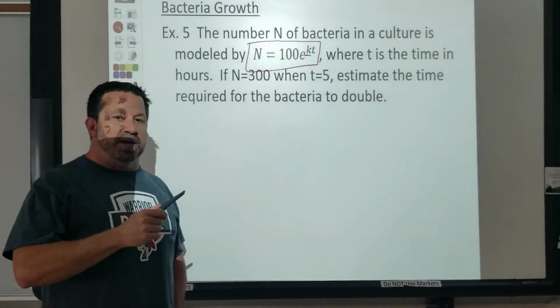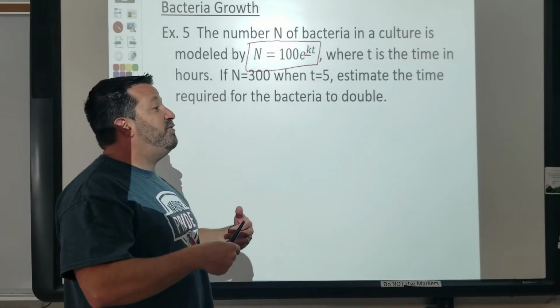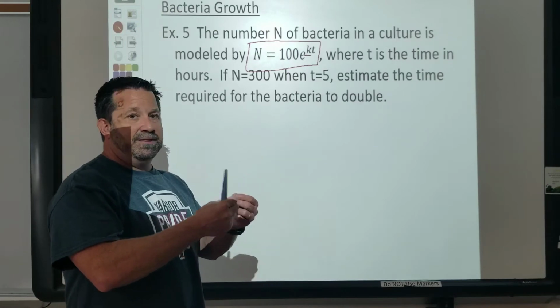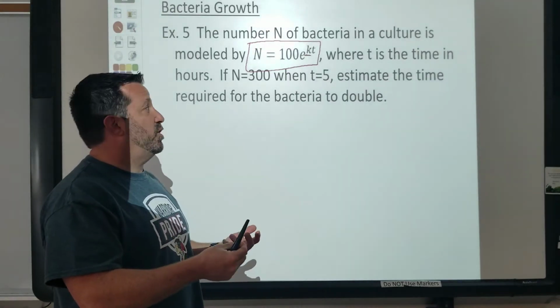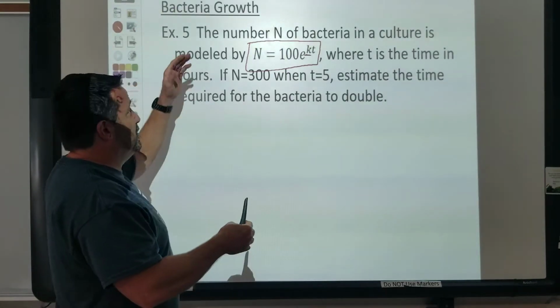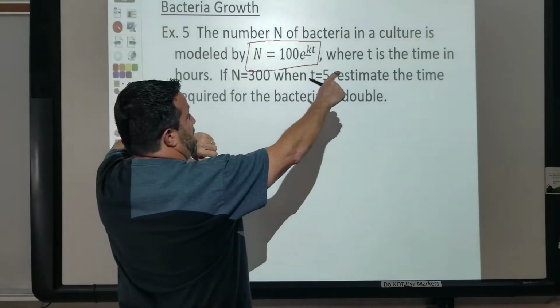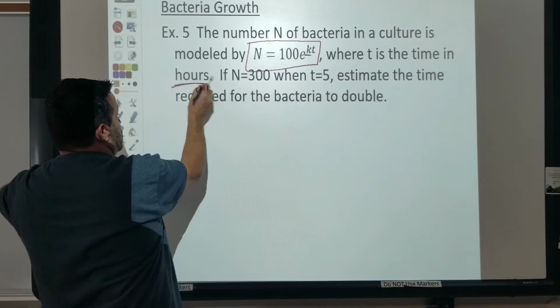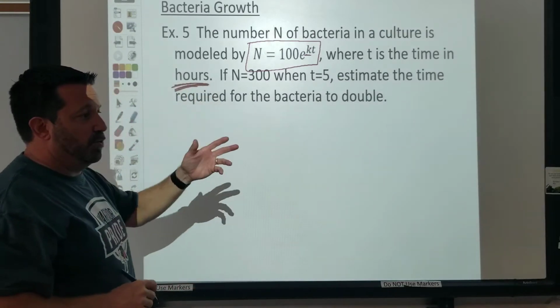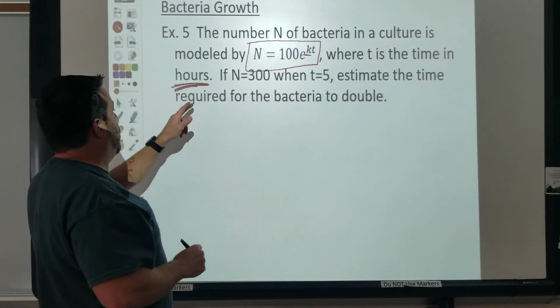So in a case like this, they're going to give you some data that lets you find k before you solve the problem. It says the number n of bacteria in a culture is modeled by this equation, where t is the time in hours, so make sure you make a note of that. The other one was time in years. This is time in hours.